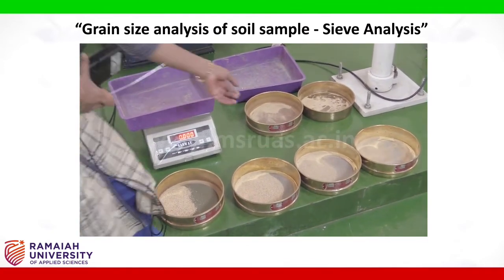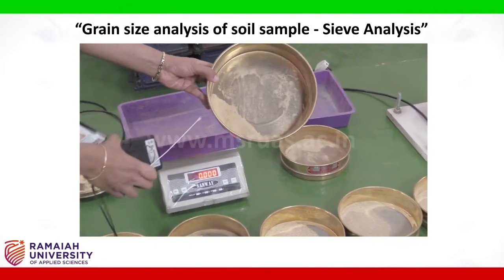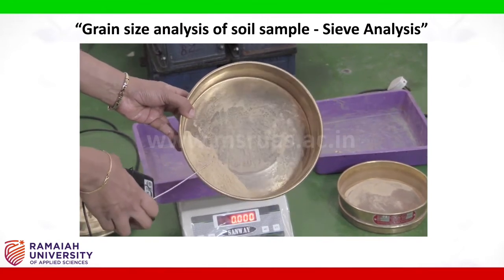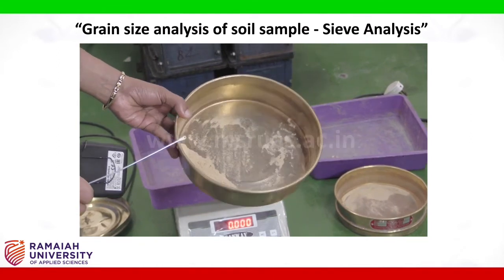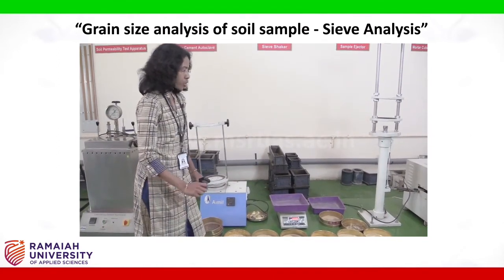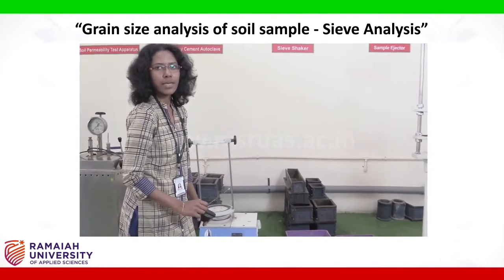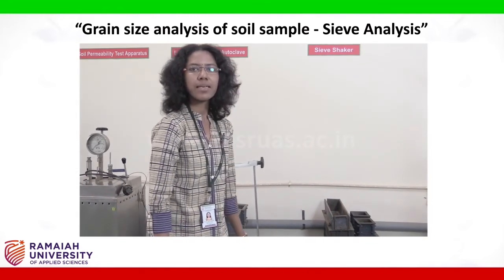Finally, measure the amount of soil which is retained in the pan also. This indicates that this much soil is finer than 75 micron. Once the samples are weighed in all the sieves, it has to be noted down and calculations should be done for finding out the percentage finer soil samples. That completes the experiment.